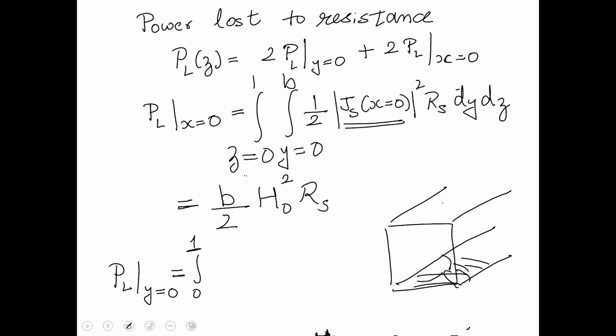Zero to 1 meters, and we integrate x, the two terms we have present, one term coming from the hz component, the current coming due to hz component flowing in the y direction, and the other current coming due to the electric field, magnetic field in x direction parallel to that same structure.